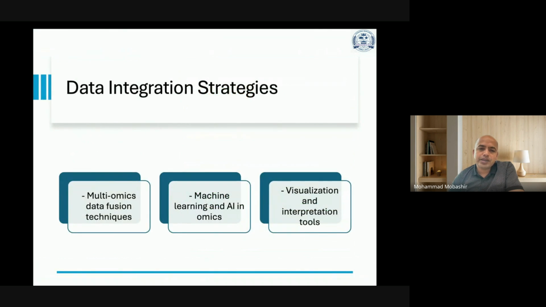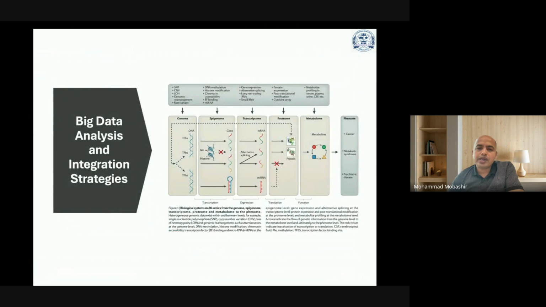Data integration strategies are, for example, multiomics data fusion techniques, machine learning approaches, and AI in multiomics, data visualization and interpretation tools.